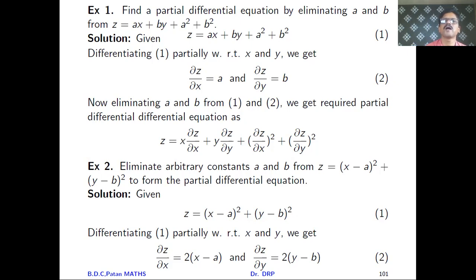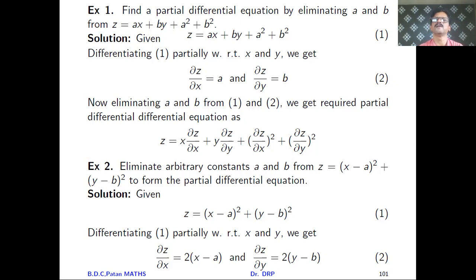If the total number of arbitrary constants is less than the total number of independent variables, then it gives more than one partial differential equation of order 1. Second case: if the total number of arbitrary constants is equal to the total number of independent variables present in the given equation, then it gives a unique partial differential equation of order 1.